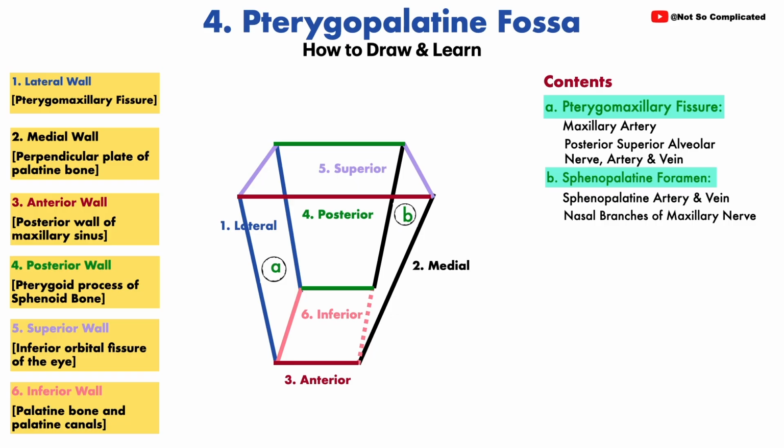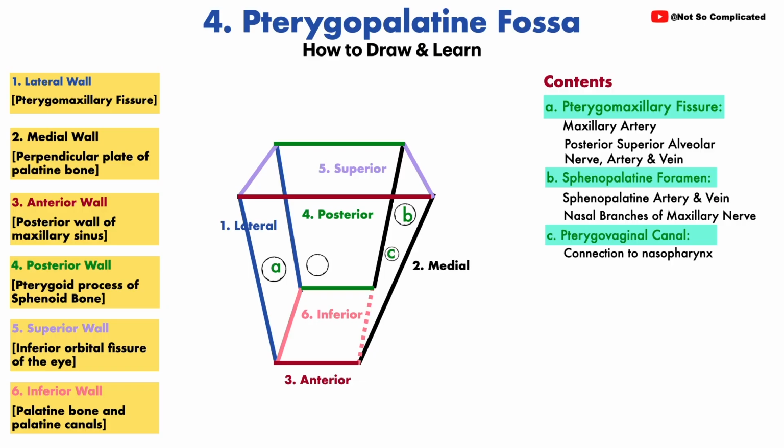Alright, so talking about the medial wall, again there will be another fissure right here. That fissure is obviously the pterygovaginal canal, and in that canal there will be different structures passing again. The first one brings a connection to the nasopharynx. Alright, so that is the crucial point of this.